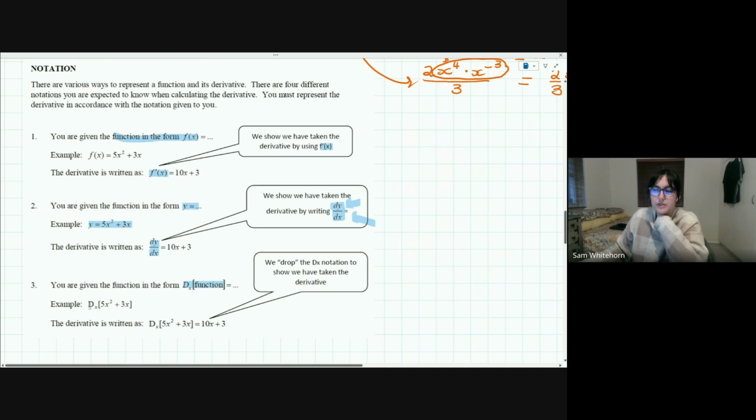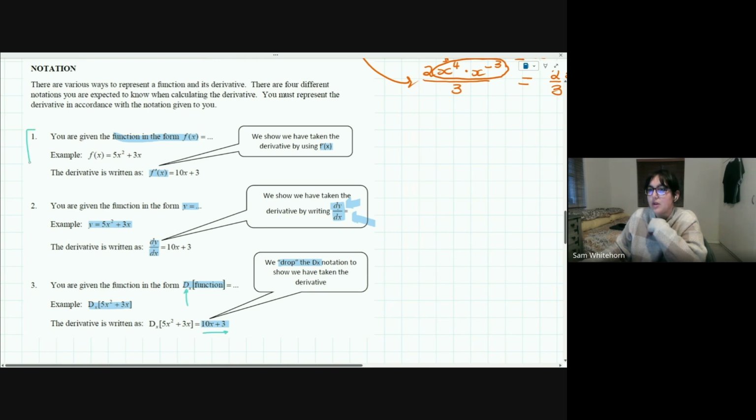So the derivative in terms of x of 5x squared plus 3x. And then we just go and write the answer. You drop the dx notation once you have found the derivative. This little d with the subscript x says that we're finding the derivative. Once you've got the derivative, you drop it, and that is the derivative.